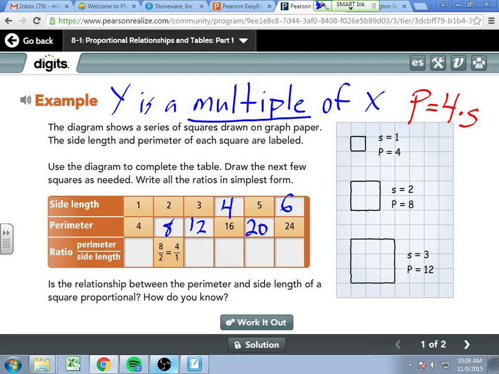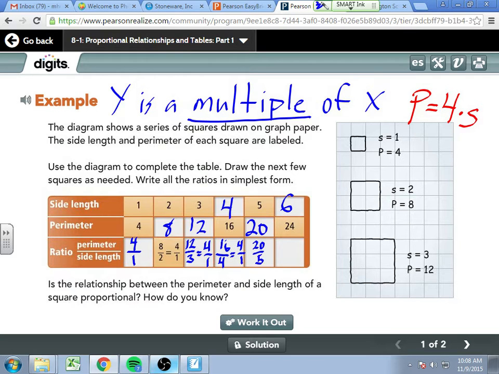Now, don't just write the simplified ratios. In the bottom here, my first one obviously starts at 4 to 1, perimeter compared to side length. And then the second one's done for me, but my third one here would be 12 compared to 3, which would simplify to 4 to 1. My next one is 16 over 4, which again reduces down to 4 to 1.